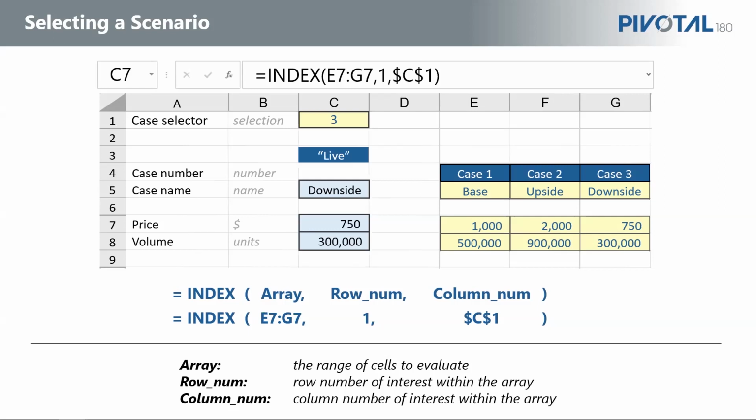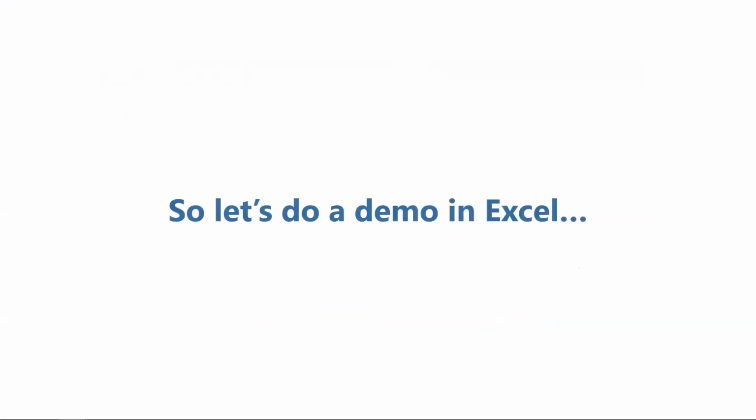And the reason that I've done this is because if I wish to copy that formula downward from currently cell C7 down to cell C8, for example, I want the subsequent choice of row for the array to be moving down the page, but I always want to be pulling my case selector from cell C1. I don't want that to be moving down the page as I copy down. So with that, let's switch into Excel and do a demo.